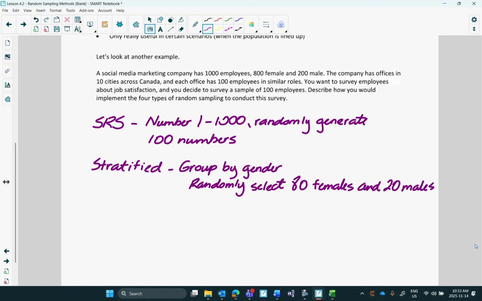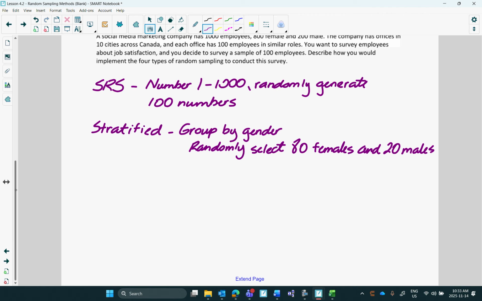We could have grouped by city. There's 100 employees in each city, so how many would we get from each of the 10 cities? 10. Could do that. Although you might use the city for cluster, because the numbers fit perfectly. You've got 10 cities of 100, randomly select one of the cities and survey everybody in that location.